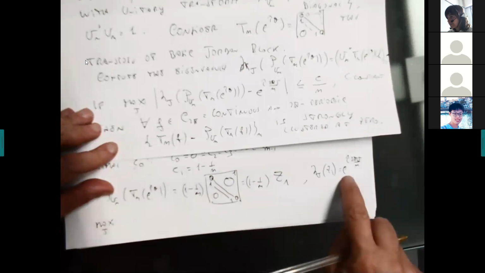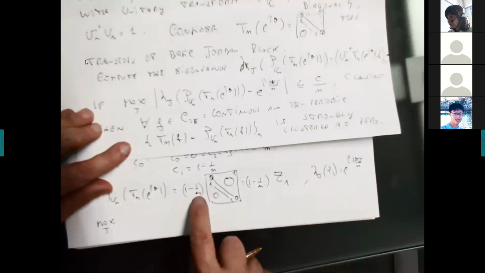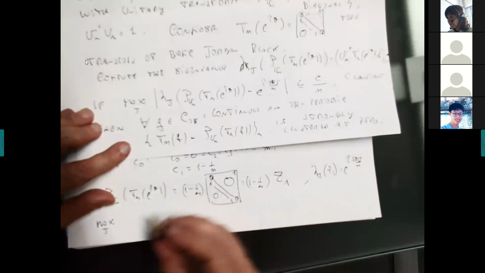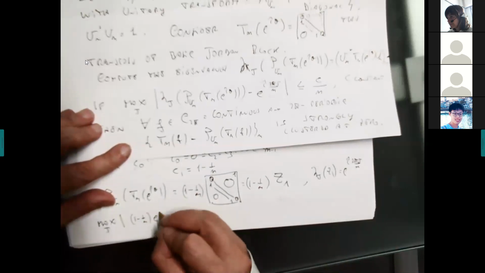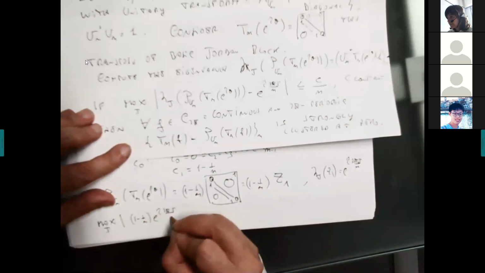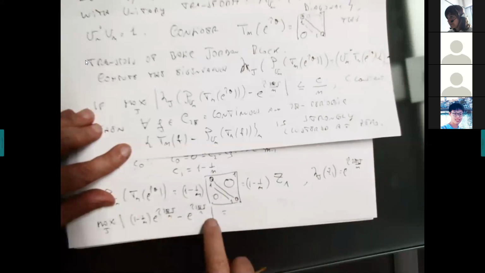If the eigenvalues of Z1 are this, the eigenvalues of 1 minus 1 over n times this are 1 minus 1 over n times e to the I 2 pi j over n, minus e to the I 2 pi j over n. And this maximum, what is it?